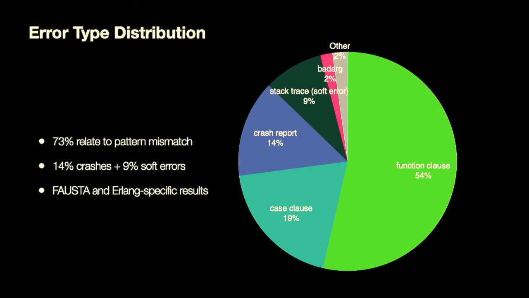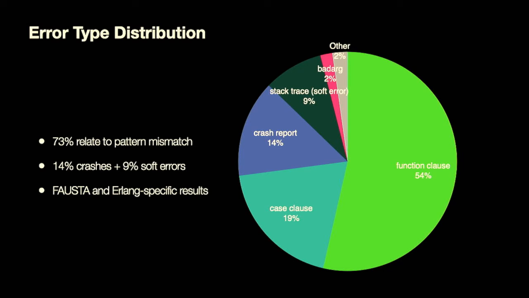One of the unique contributions of this industry report on code analysis is the fault distribution from closed source industrial production. We can see here the top two categories of errors were caused by the Erlang pattern matching mechanism. 33% of errors were caused by either function level or case level pattern mismatch.